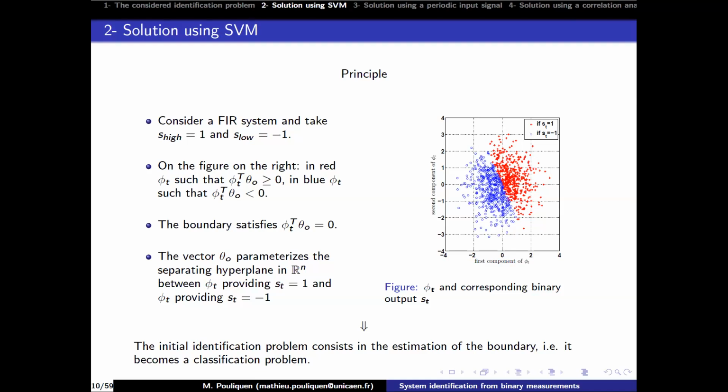And you can see we have two classes. The boundary between these two classes is parameterized by theta zero, and then finally our identification problem is just a classification problem. And we can see that even if we don't have high resolution data, it may not be a problem to estimate the separation, the parameter vector theta zero.